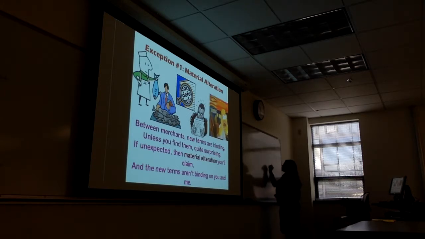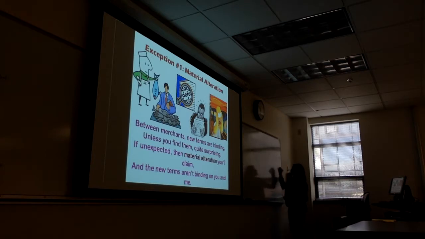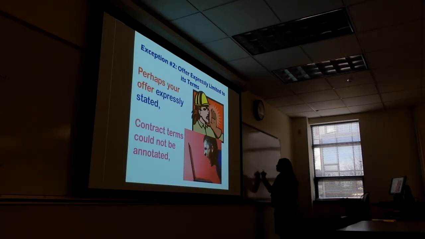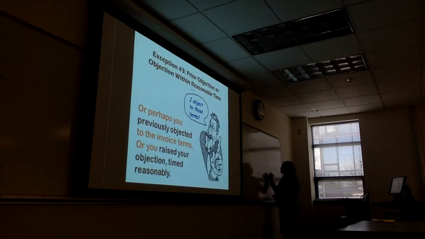If unexpected, then material alteration you'll claim, and the new terms aren't binding on you and me. Perhaps your offer expressly stated contract terms could not be annotated, or perhaps you previously objected to the invoice terms, so you raised your objection unreasonably.